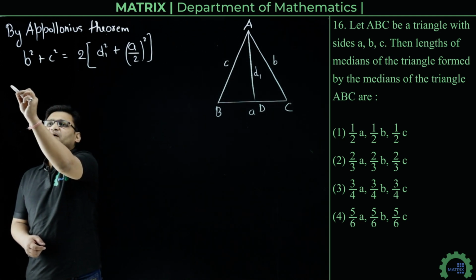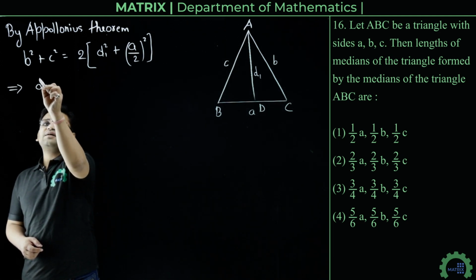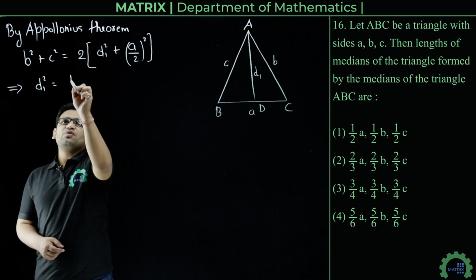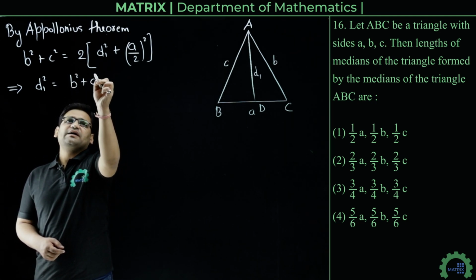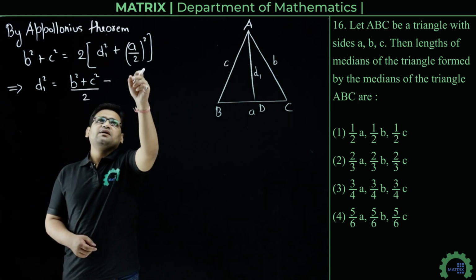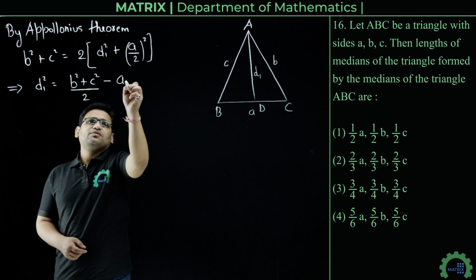So from here we can write d1 square will be equal to b square plus c square divided by 2 minus a square by 4.